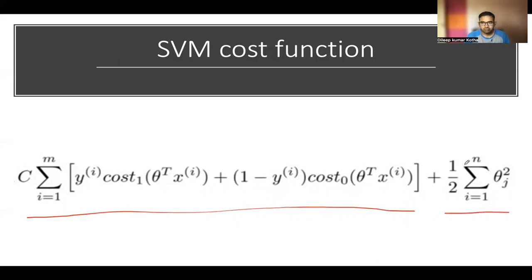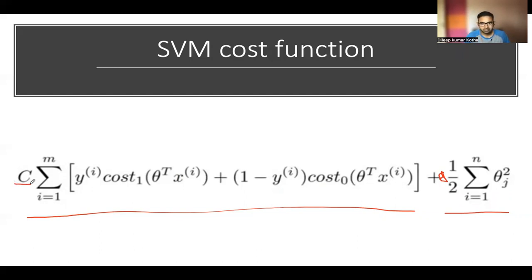And one more thing you will observe here is the lambda parameter, the regularization parameter. Usually the lambda regularization parameter will be there, but we have removed it and replaced it with C over here. So this is the notation for support vector machines. We will not go deeper into the calculations because the mathematics is a lot more complex than it looks.